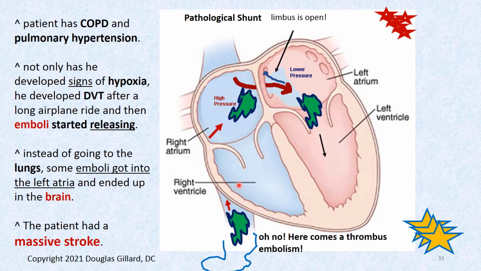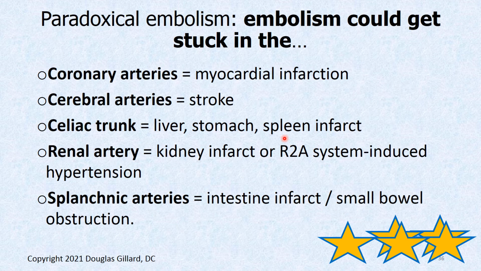And here comes the embolism, and instead of going to the lungs, where it's supposed to go, it goes right across. Now he's got a huge piece of gunk, a bomb, going through here, and this is called the embolism. That ends up in his brain, and he has a massive stroke. Got it?